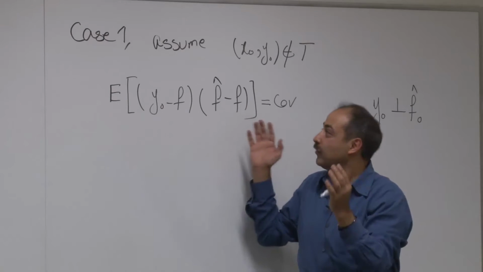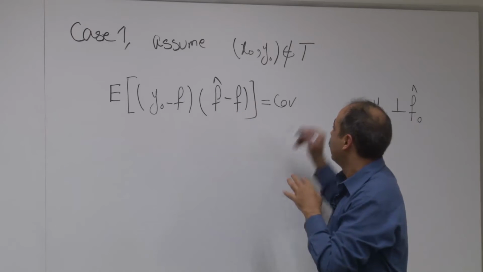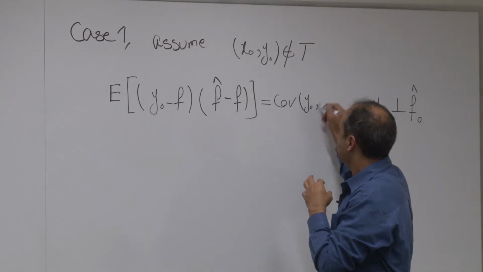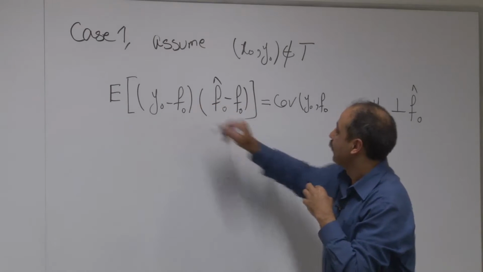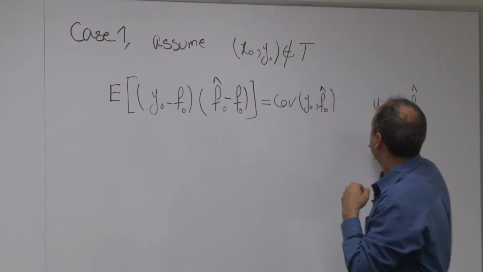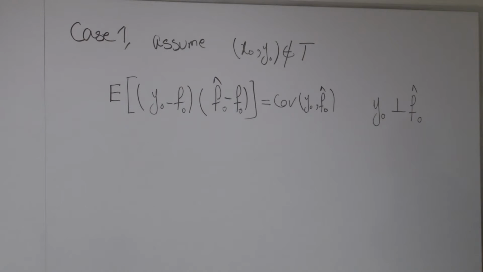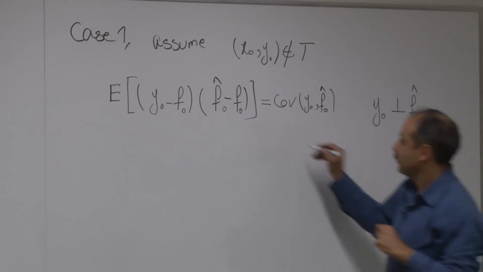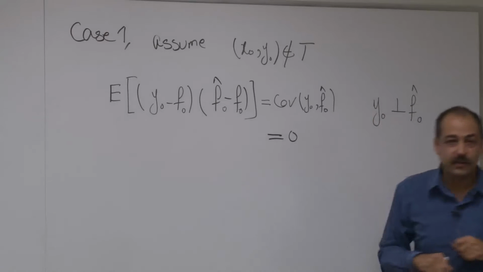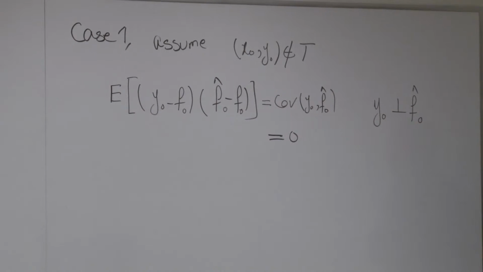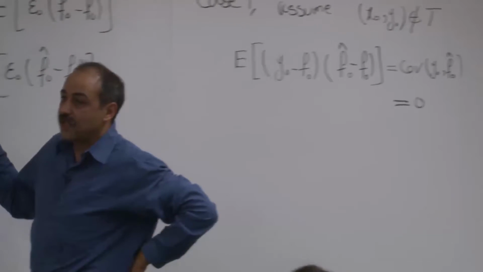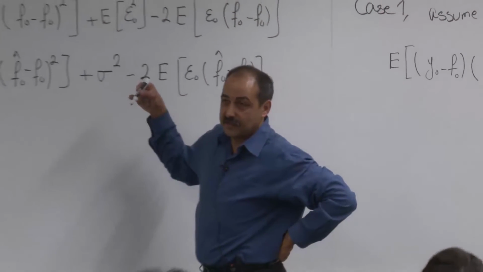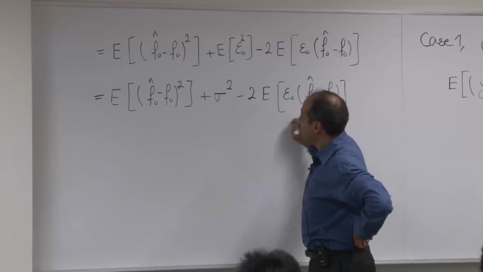So it's the covariance between y and f hat when they are independent. It is 0, right? So in the case that the point that we are checking is not in the training set, this third term is 0.